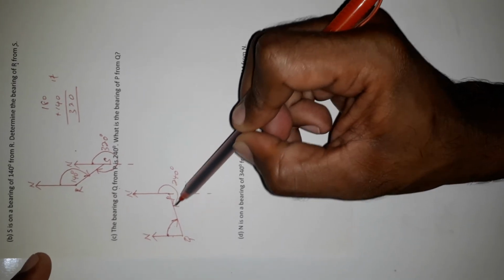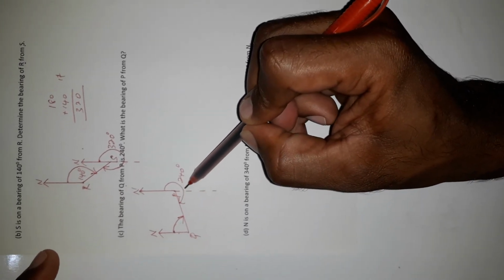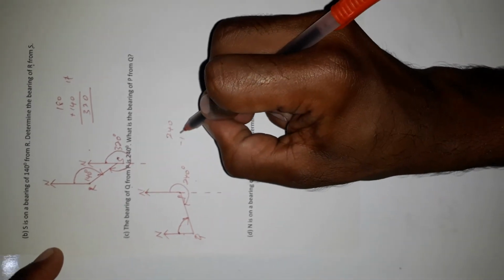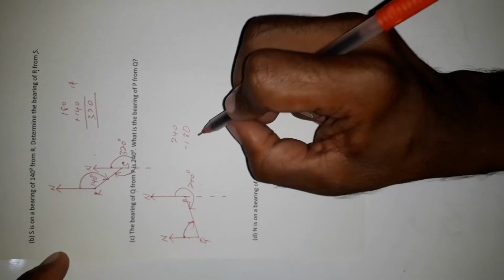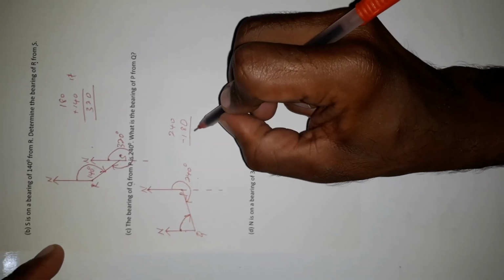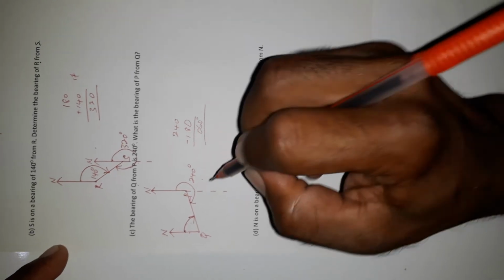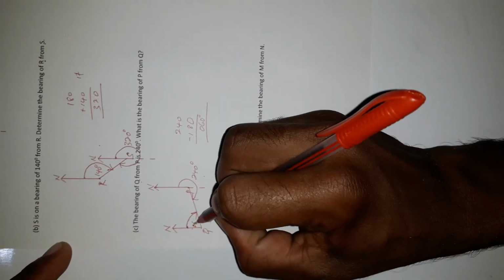So for us to get this part, all we need to do is subtract. So 240, we take 180 from 240. How much will we have? 60. Alright, 0, 60. Okay, we have 60 degrees. So here will be 0, 60 degrees.